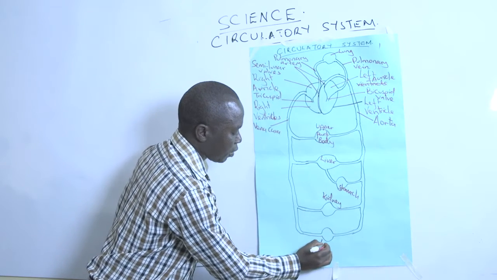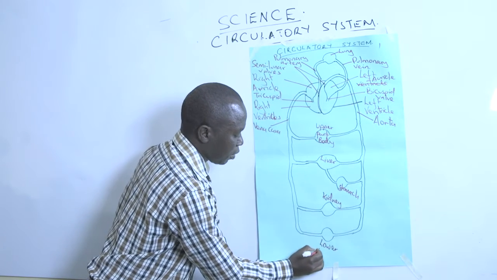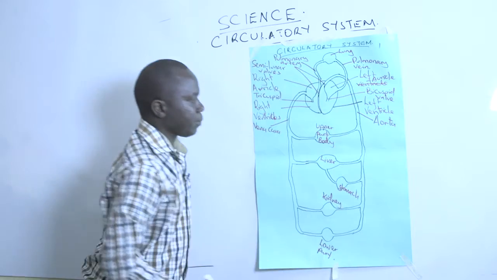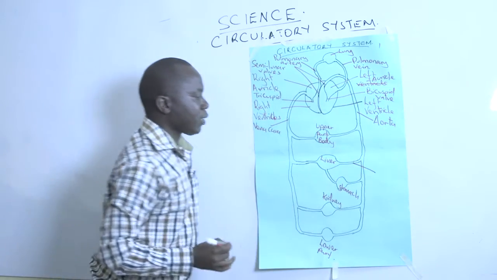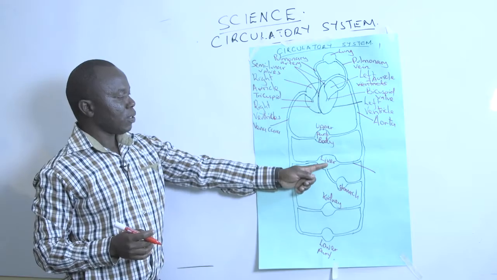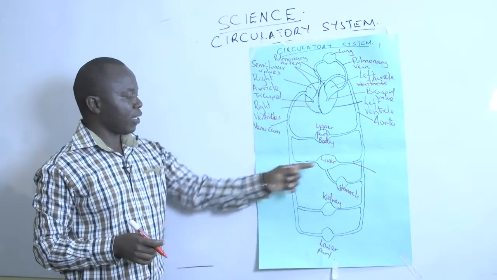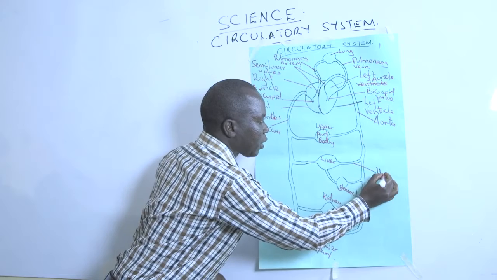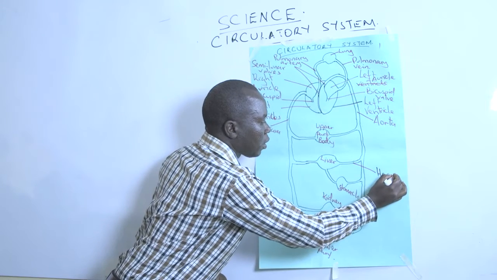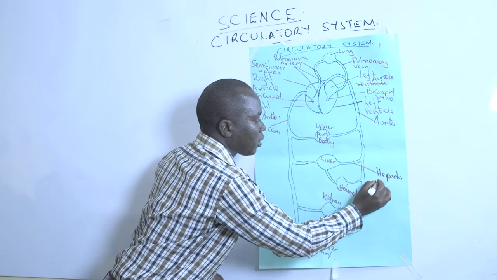And the lower part, limbs. Lower part of the body. So the artery carrying blood to the liver is called the hepatic artery.